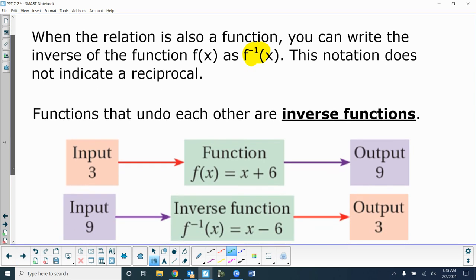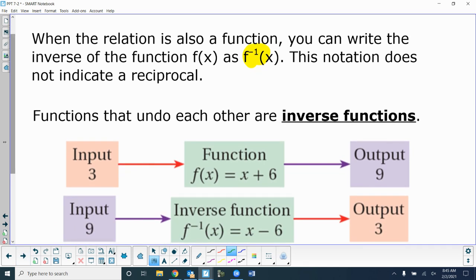All right, so when the relation is also a function, you can write the inverse of the function. This is function notation, f of x. F to the negative 1 power means f inverse of x, okay? So functions that undo each other are inverse functions. So here's my function, f of x is x plus 6.